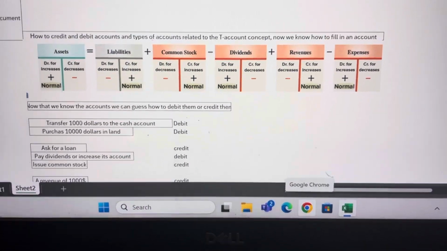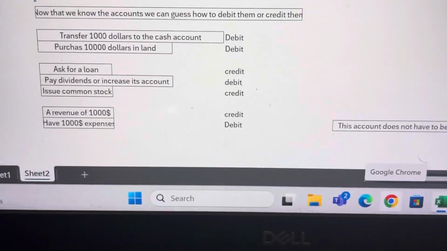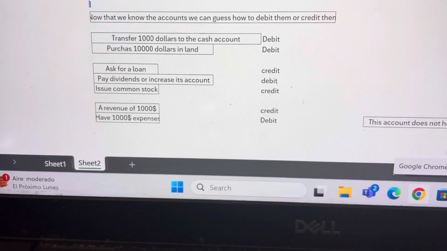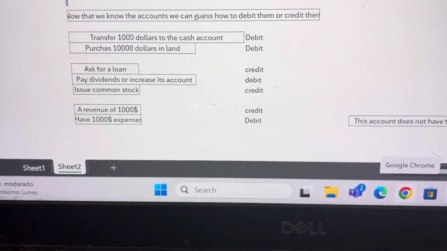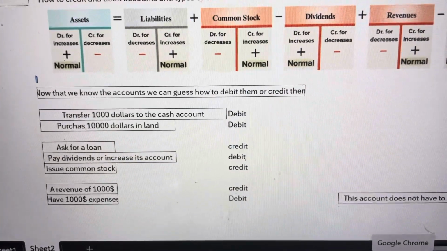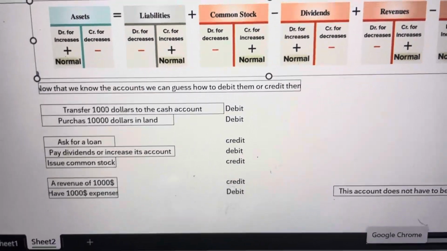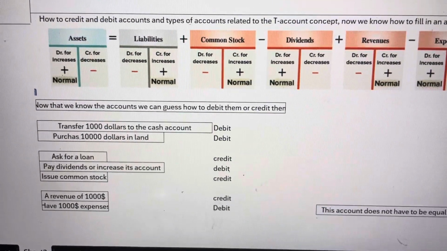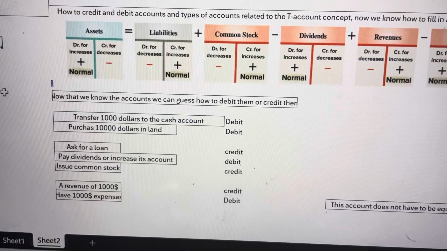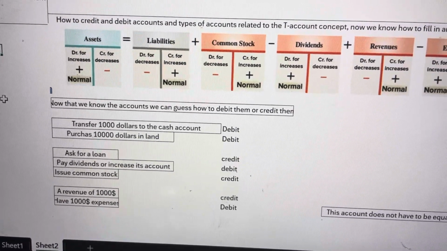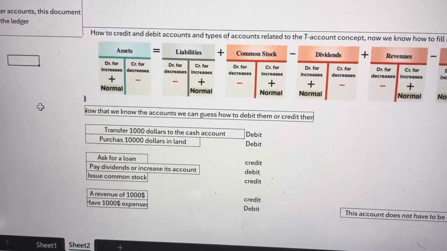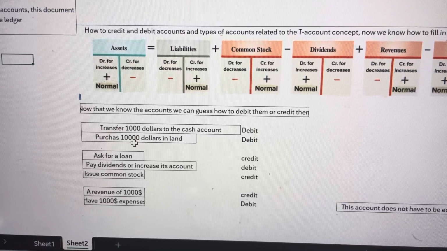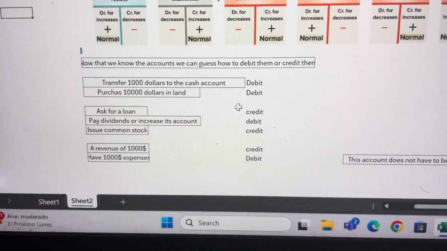So for example, I have some examples here. If we get a $1,000 cash transfer, we are going to debit the assets account, which means we're going to increase it. And if we purchase land, well, in that case, I think I made a mistake here.